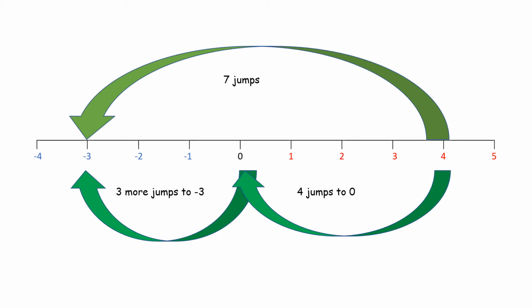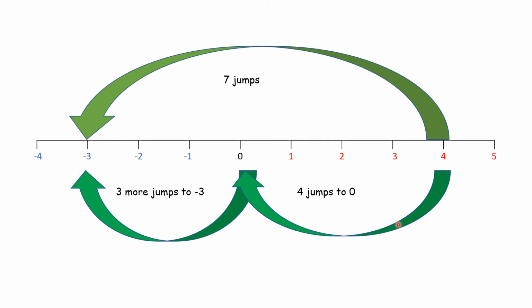We could think about that in the opposite direction, of course. So this time we could think about what happens if we want to move between 4 and -3. Then the jumps are going to be in the opposite direction. So there will be 1, 2, 3, 4 jumps to get us to 0, and then 1, 2, 3 more jumps to get us to -3.